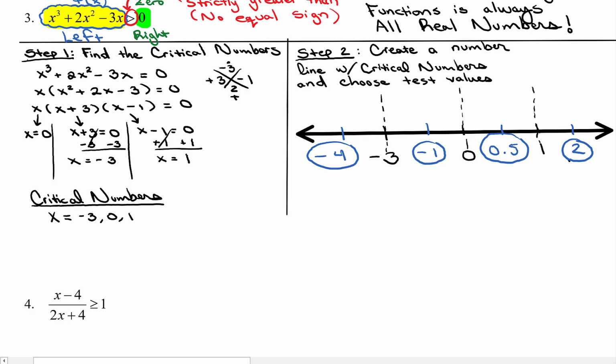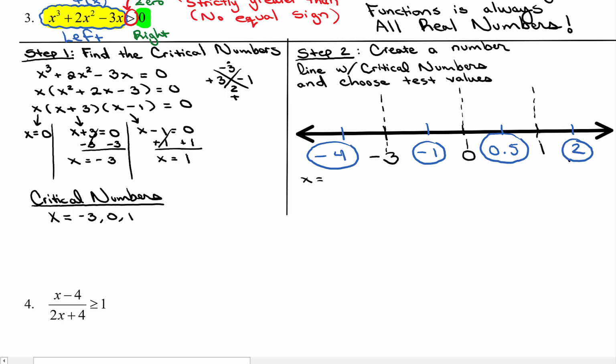All right. Okay, let's start substituting these values in. Let's start off with x equal to that negative 4 value. I'm going to substitute x equal to negative 4 into the factored form of my inequality. So I'm basically going to rewrite that x cubed plus 2x squared minus 3x, but the way it looks when it's all factored out, as x times x plus 3 times x minus 1.